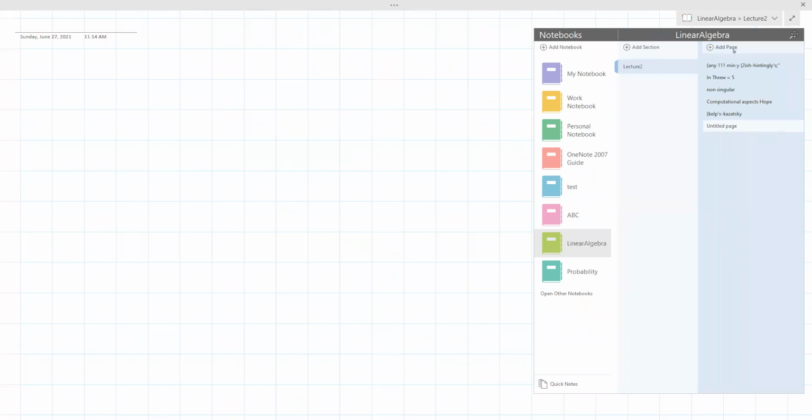Let us try to go into the core of this particular chapter, which is matrices. How do I represent this particular set of equations in matrix form?